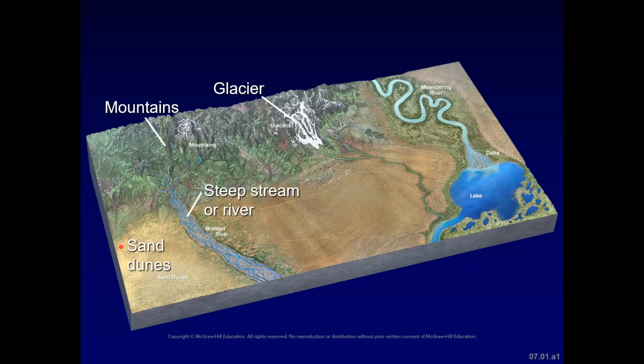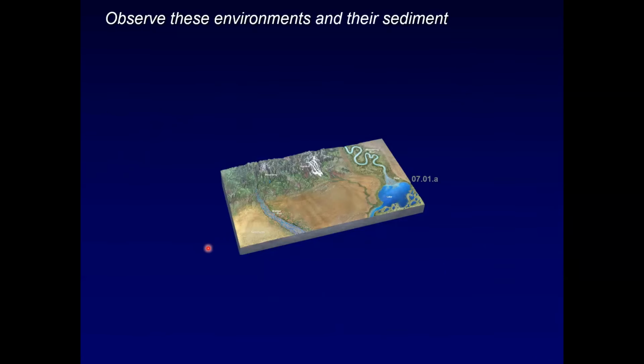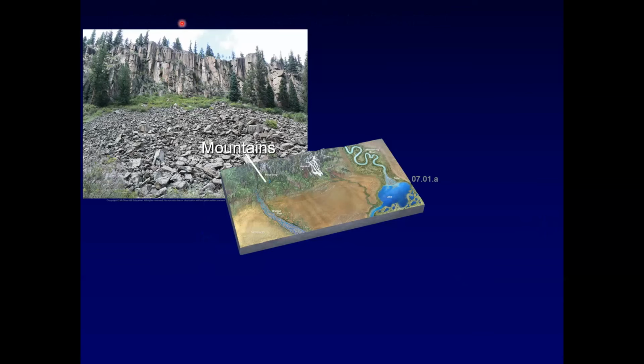Sand dunes will have mostly sand-sized sediments. And then a gentle meandering river, you can expect smaller sediments. A delta is going to have a combination of really fine sediment and larger sediment. And then lakes, generally fine sediment. Same thing with wetlands. Okay, so I'll show you pictures of that. See if I got it right.